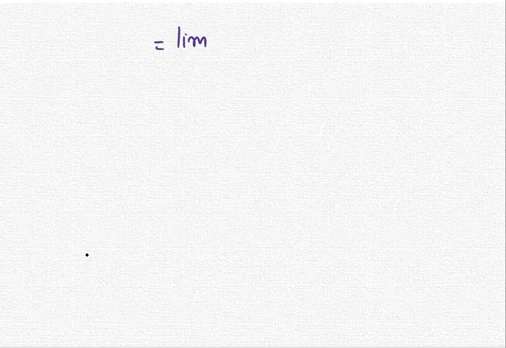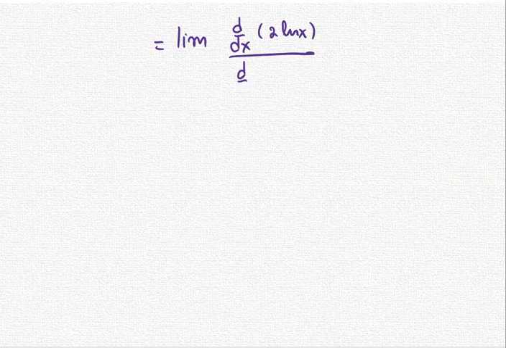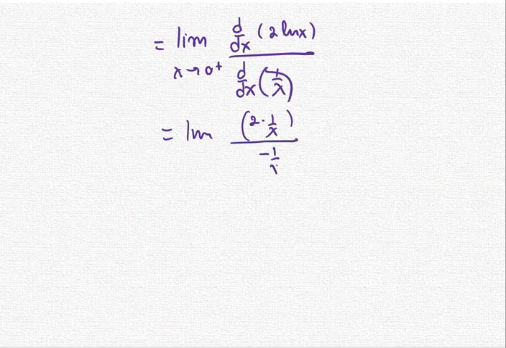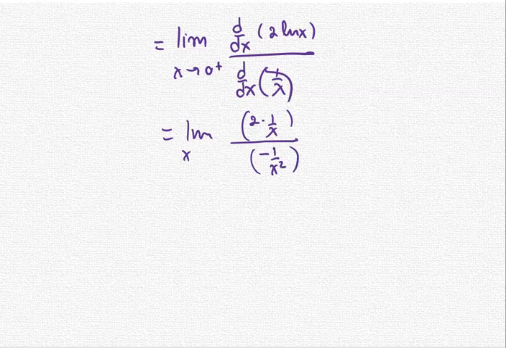So we find the limit of the derivative of the numerator divided by the derivative of the denominator as x approaches 0 positive. The derivative of 2 log x is 2 times 1 over x. The derivative of 1 over x is negative 1 over x squared.